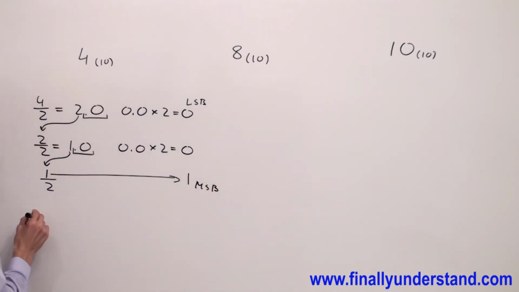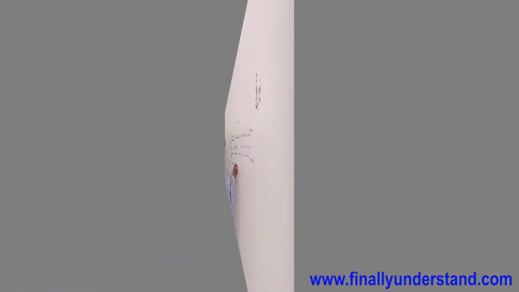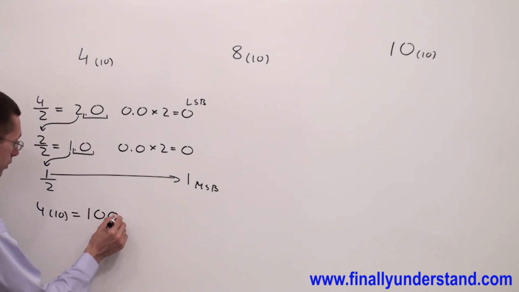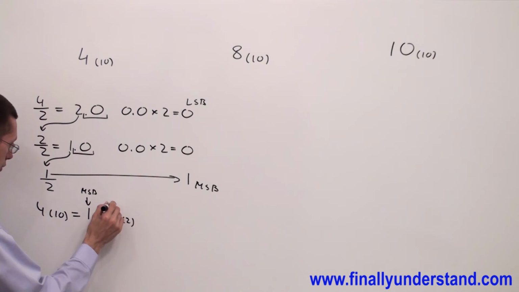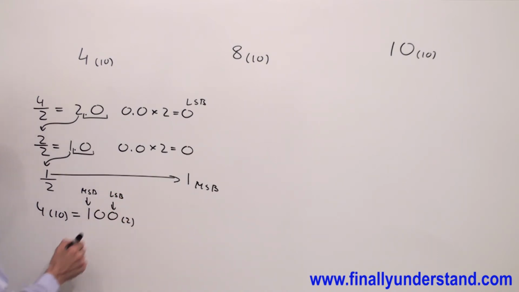It means that decimal 4 is equal to binary 1, 0, 0. Okay, remember this is your most significant bit, and this is your least significant bit.